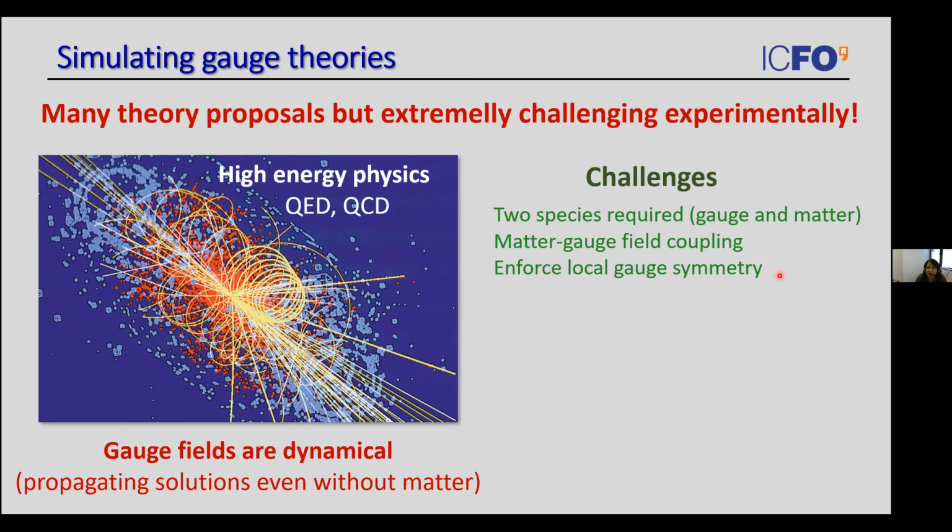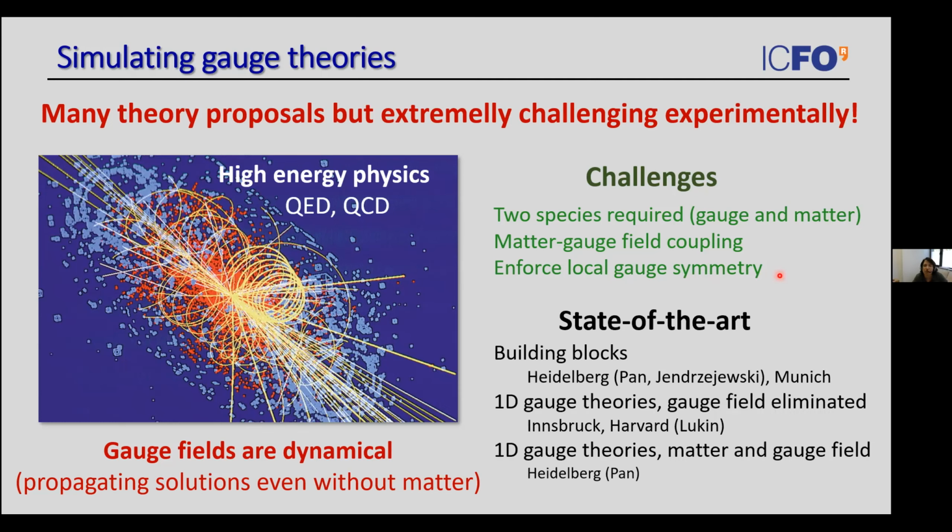Even though this is not so easy, there has been a lot of progress over the last 2-3 years on that. So building blocks, really the main ingredients required to engineer these models, have been implemented in small systems of 1, 2, 4 particles by several groups. Then in order to go to larger systems, one has gone to one-dimensional systems.